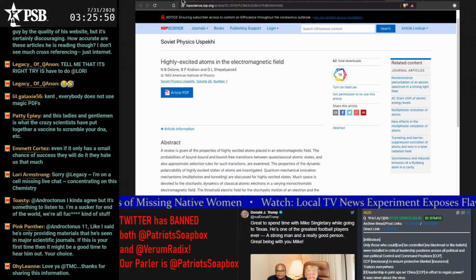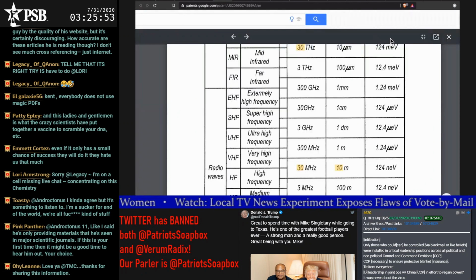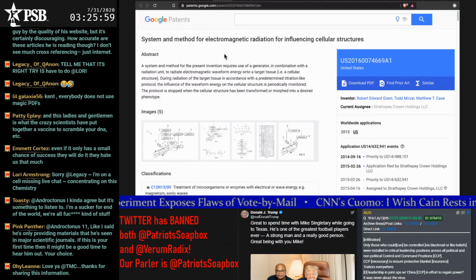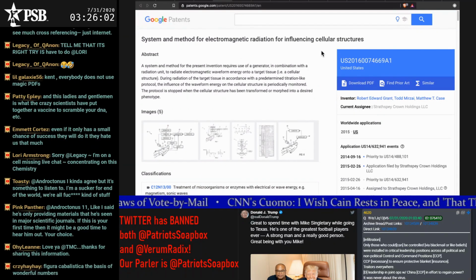So let's go back to this. The system and a method for electromagnetic radiation for influencing cellular structures. And we've now gone through approximately an hour of supporting information to illustrate just maybe what they're talking about here. Directing electromagnetic radiation at distance to an organism to affect specific cells based on the cell's resonance, to epigenetically modify that cellular expression and change the phenotype.